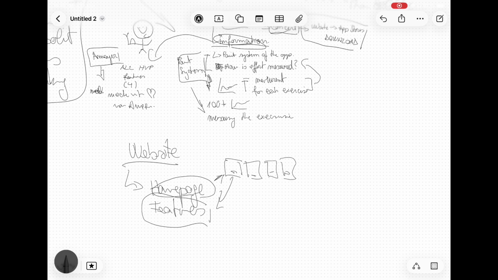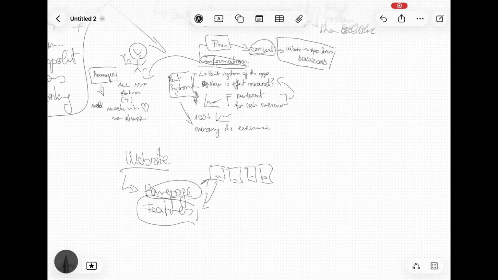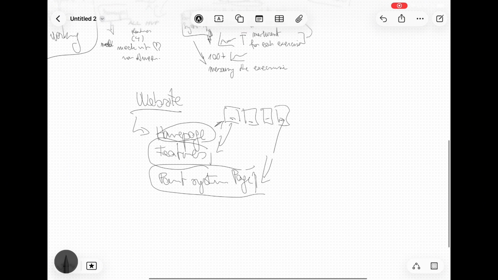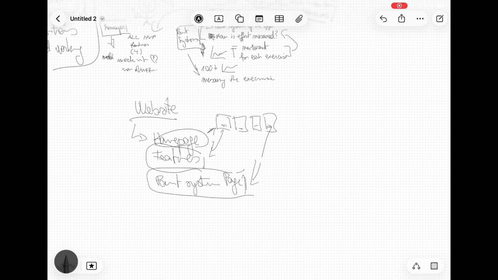Then what else did I want to talk about? I would probably do a separate point system page, because this is just going to take a lot. And so from the feature page, the point page might go separately onto a different one.